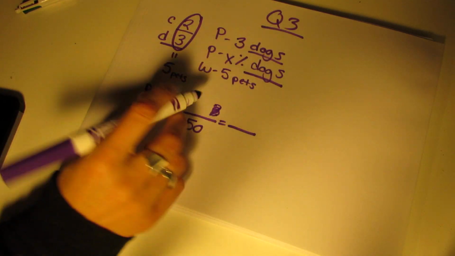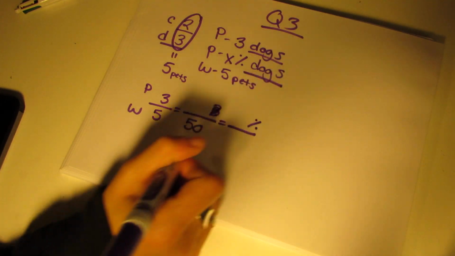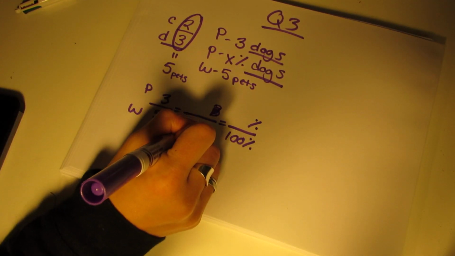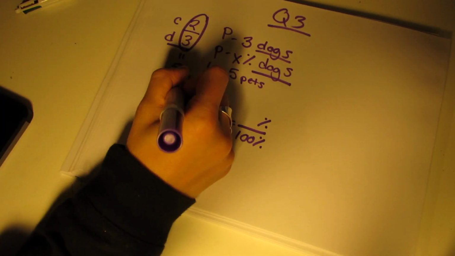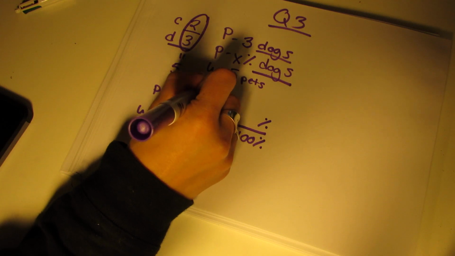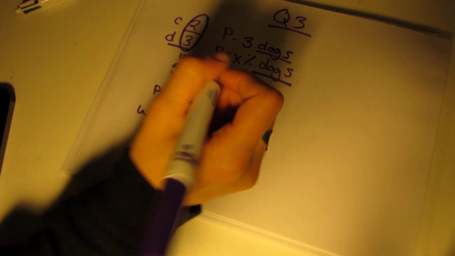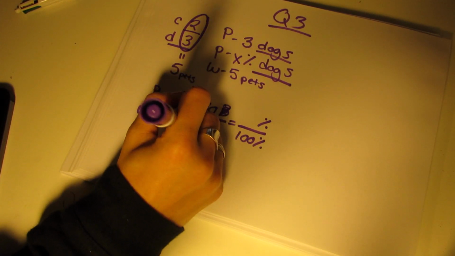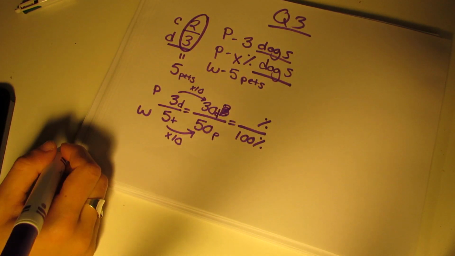I want to figure out how many dogs are out of 50. So if I went from 5 to 50, I'd multiply by 10. That means I'm going to use the same logic for my numerator because they're equivalent, they're equal. So 3 times 10 is 30. This means that there are 30 dogs out of 50 total pets.